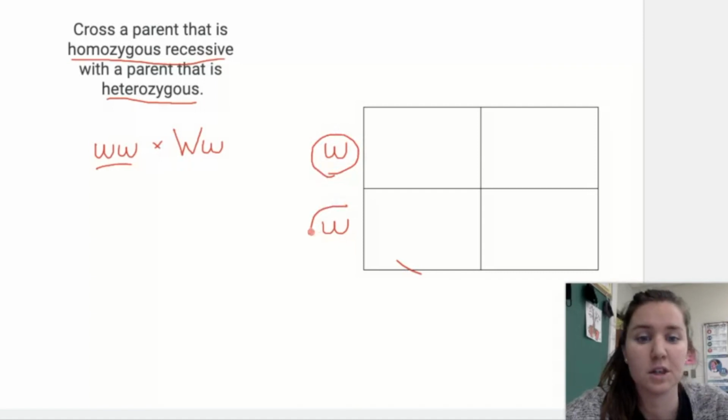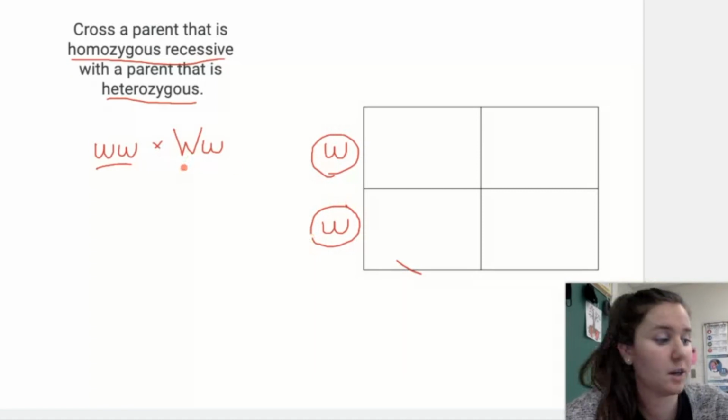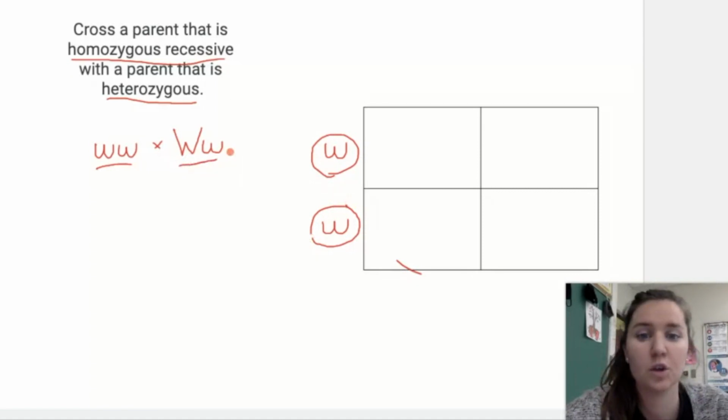And that is what she is passing down, okay? The father here could give the child a dominant allele in the sperm, or he could give the child a recessive allele in the sperm. So then what we do is we take these alleles here into the box that they're next to, or that they're in line with, I should say.